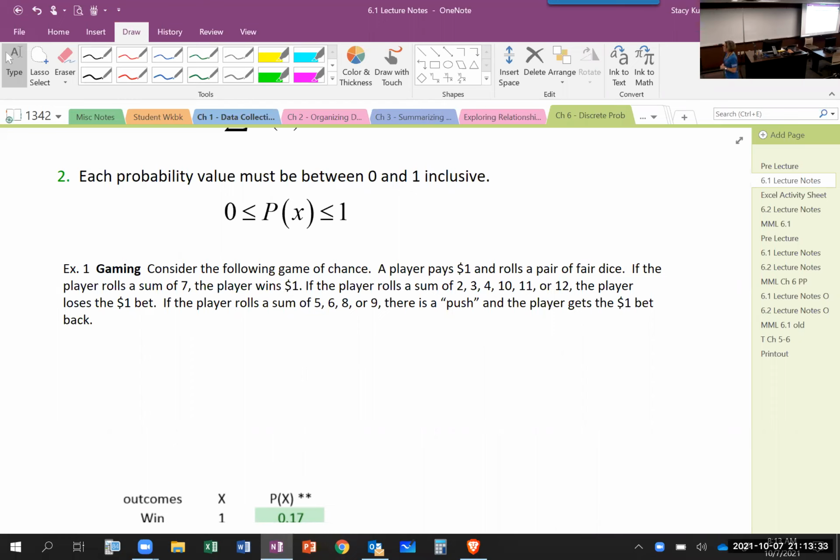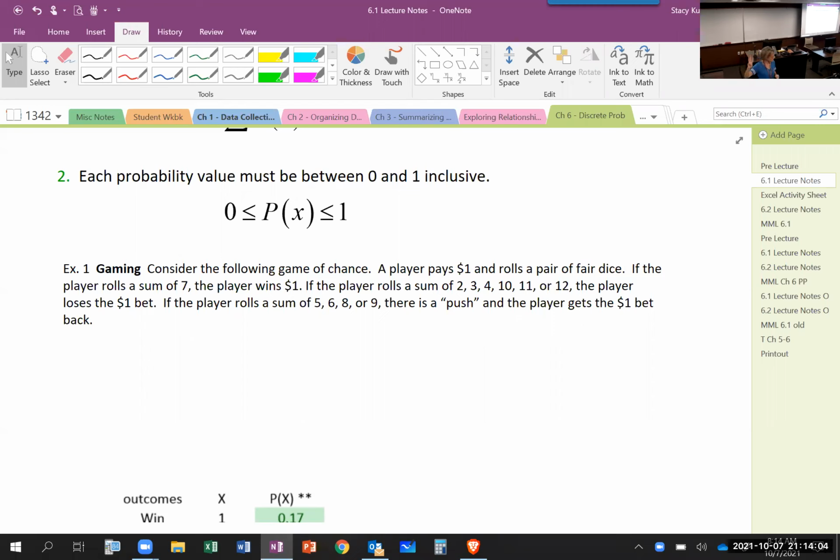If I roll a 2, 3, 4, 10, 11, or 12, any of those 6 values, I'm going to lose $1. And if I roll a 5, 6, 8, or a 9, I don't win or lose. It's called a push. Nothing happens. So there's 3 outcomes: a win of $1, a loss of $1, or no gain.